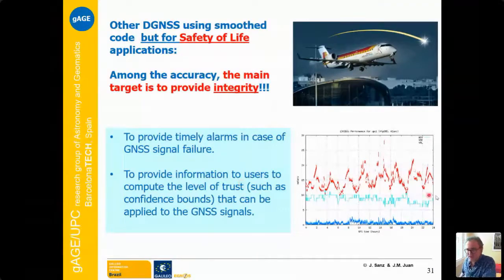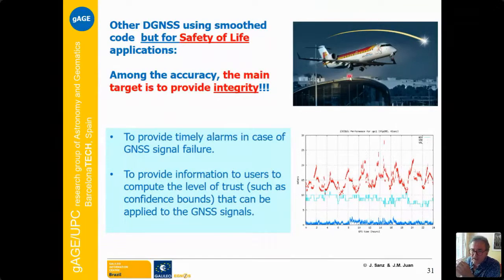What does it mean? It means that, as you know, for instance, in this aircraft, the pilot can have a GNSS receiver, and in the GNSS receiver, the pilot can have the aircraft coordinates. But what the pilot needs is an idea of the error, of the accuracy of these coordinates.